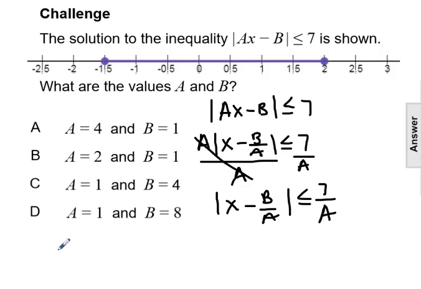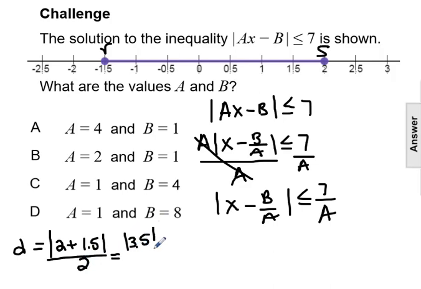So here we can see that the distance d is 7 over a, but we know first from our graph that the distance, if we have solutions r and s, is going to be the absolute value of s minus r over 2, which is the absolute value of 3.5 over 2, which is 3.5 over 2, which we know is also 7 over a.